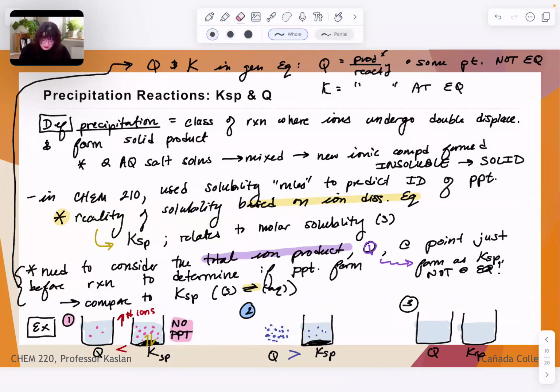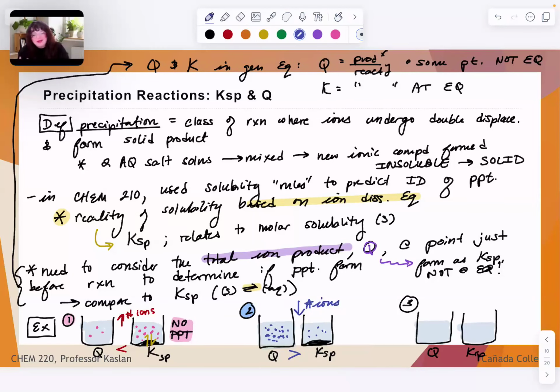physically do based on the Ksp and in turn the related solubility of that salt, meaning I am over my saturation limit in terms of number of ions that could be found in the solution. So in order to reach equilibrium, I need to decrease my number of ions.